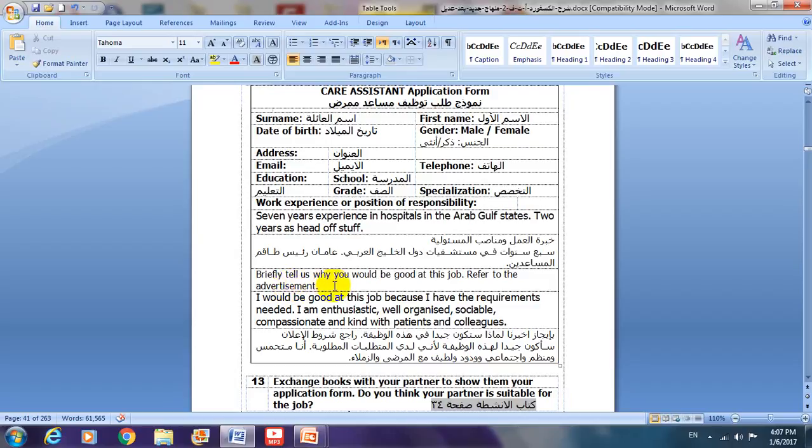Briefly tell us why you should be good at this job. Refer to the advertisement. I would be good at this job because I have the requirements needed. I am enthusiastic, well organized, a super conversationalist and kind with patients and colleagues.